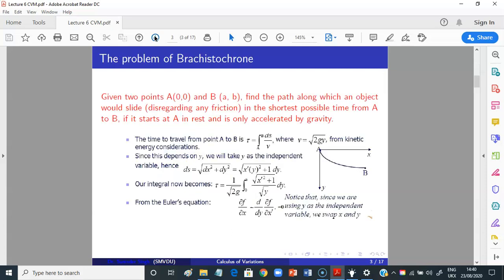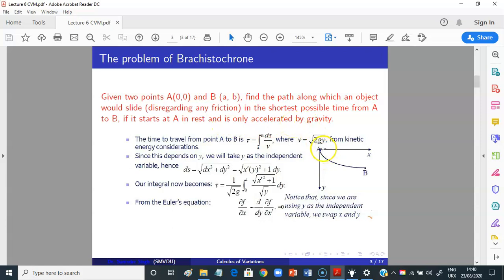So first of all, what is the problem of brachistochrone? We have already stated that if there are 2 points A and B, let A be at origin and B has these coordinates, then we find the path along which an object would slide in the shortest possible time from A to B, if it starts from rest, under the acceleration due to gravity.